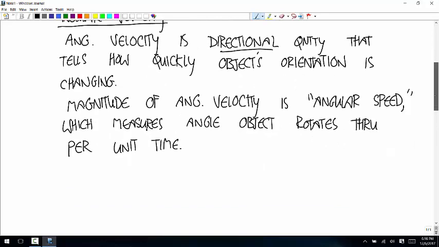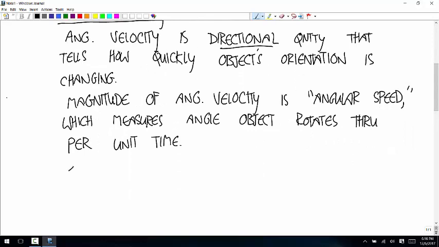I guess I have an example of this. RPM is an example of angular speed. Rotations per minute: to do a full rotation, you go through a full 360 degrees. So if something's going 1,000 RPM, it's going 1,000 times 360 degrees, so 360,000 degrees per minute.